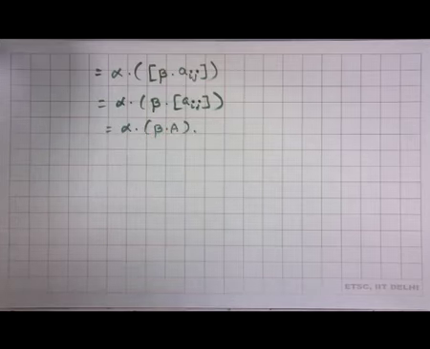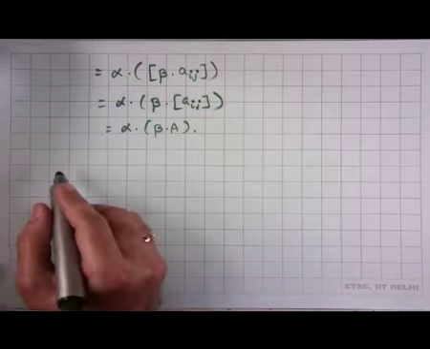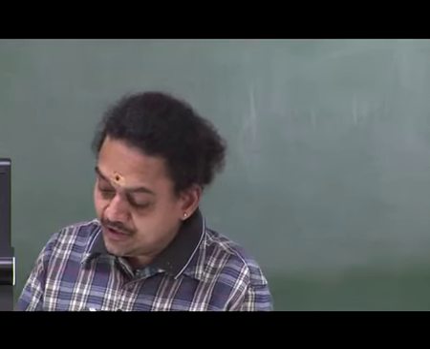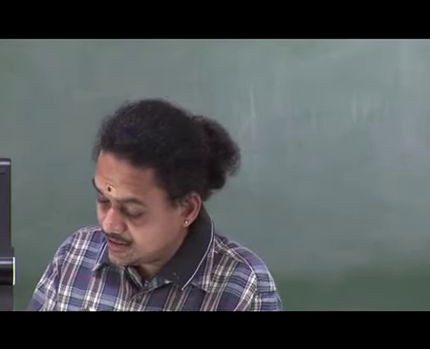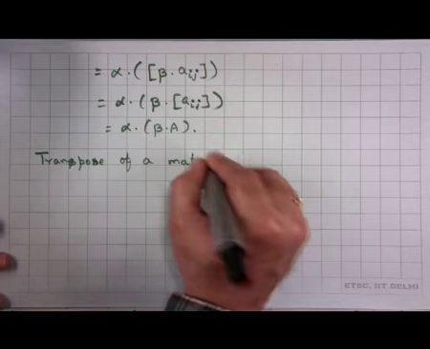So these are some of the properties of scalar multiplication. There is one more operation on the set of matrices, which is known as the transpose of a matrix.